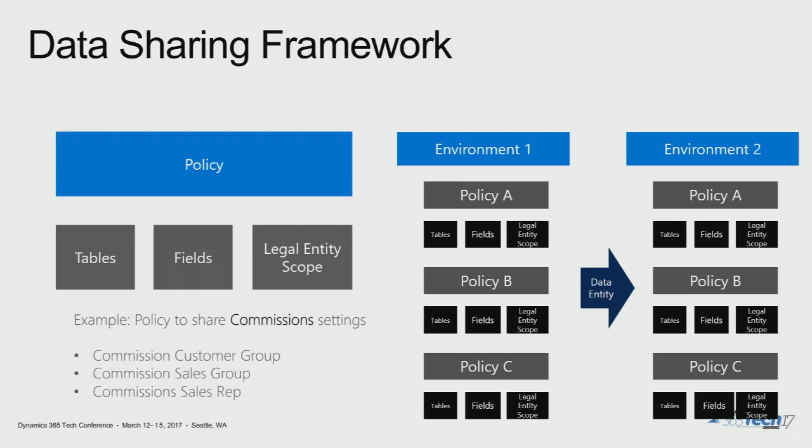A typical example would be commission. Commission is a policy, and there are 3 tables beneath it: the commission group, sales group, and sales rep. These are the 3 tables you would add under this policy, select all the fields, and then decide which legal entities you need to share this with, and then enable the policy.